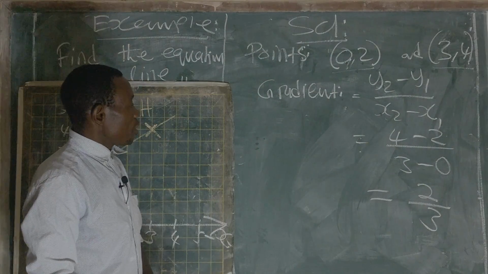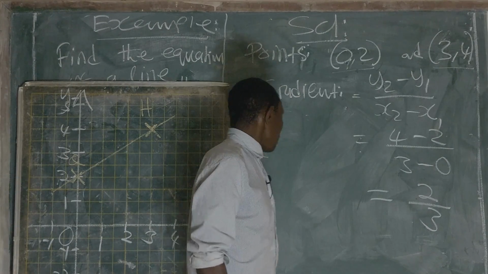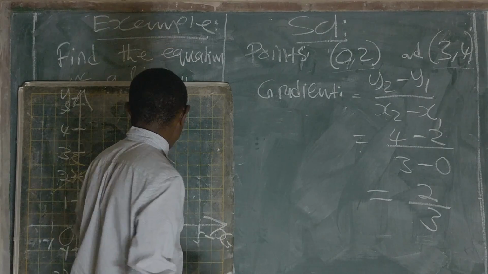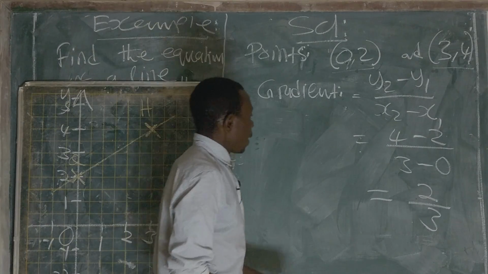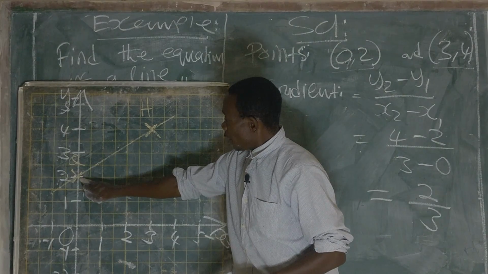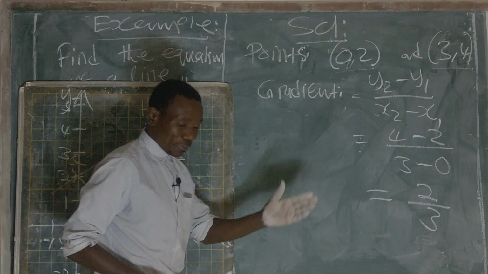It means along the y-axis we have changed 2 units, and along the x-axis we have changed 3 units. That is the measure of the slope of the line.